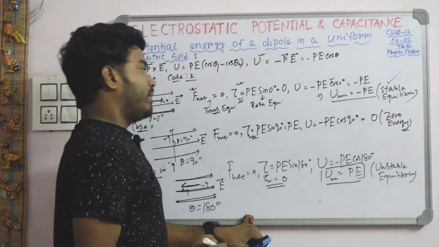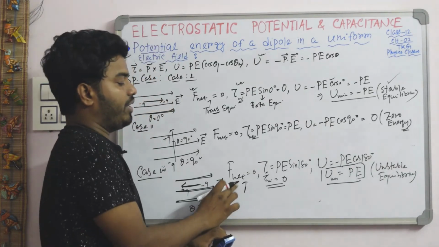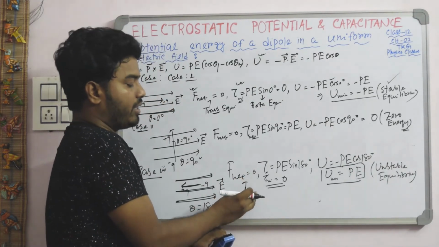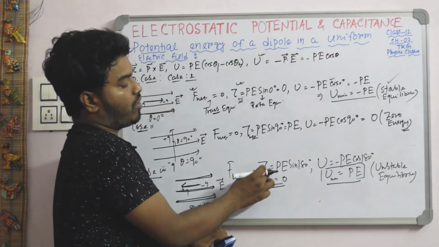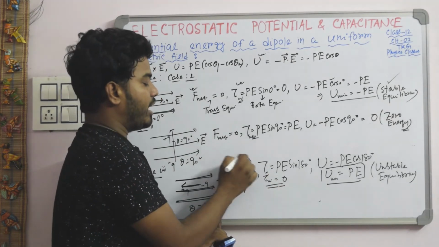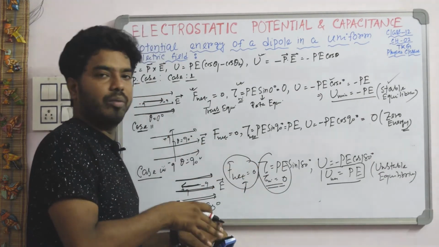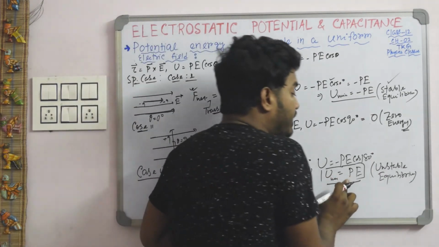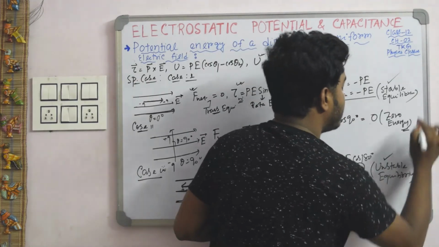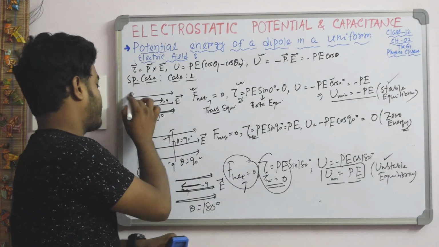Clear? Okay, same thing: if F is 0, it indicates translational equilibrium; if torque tau is 0, it indicates rotational equilibrium. That means F 0 and torque 0 indicate the system is in equilibrium, but here the positive sign indicates the system is in an unstable condition. Clear?